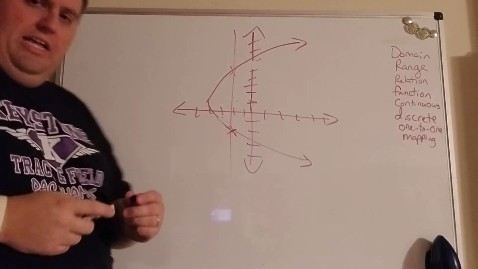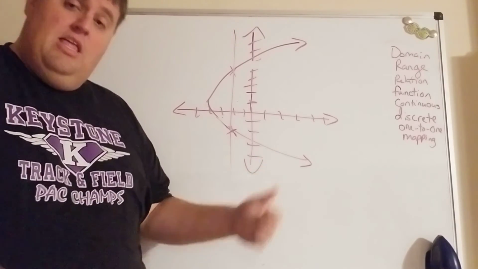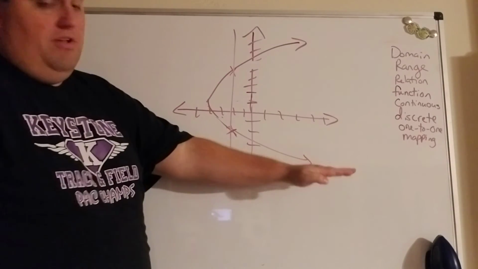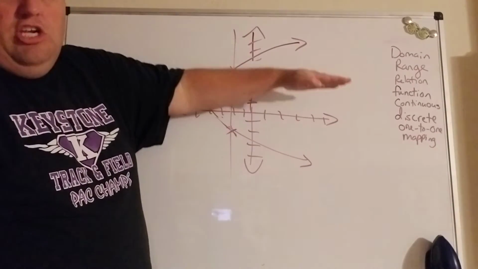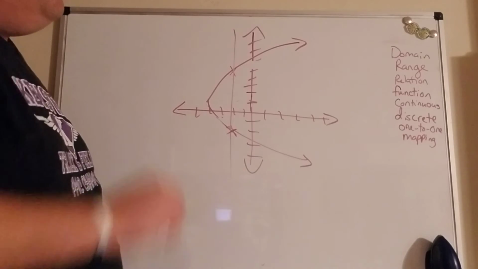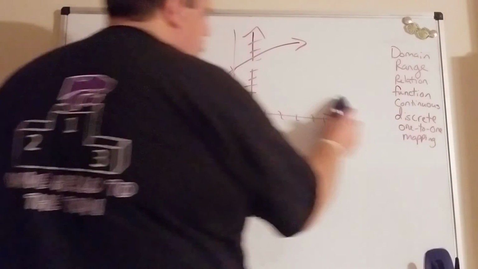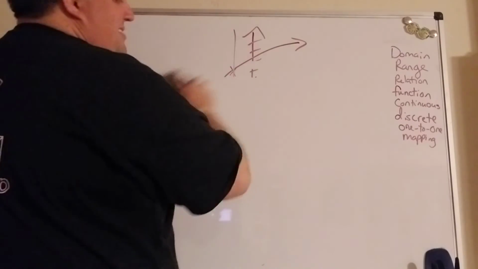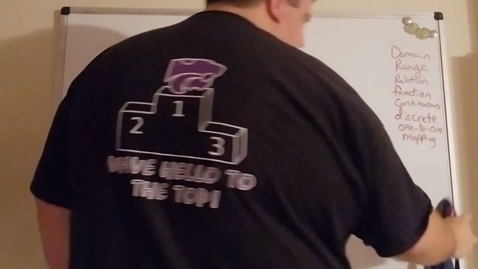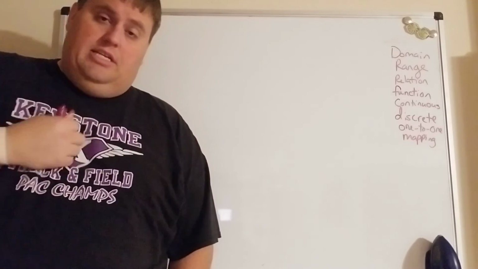So this one would not be a function. However, if I check the horizontal line test, it actually would be 1-to-1 because there's nowhere it would touch twice on the horizontal line test. So those are some cool tricks that you can use when you're looking at graphs. The vertical line test for functions and the horizontal line test for seeing if something is 1-to-1.